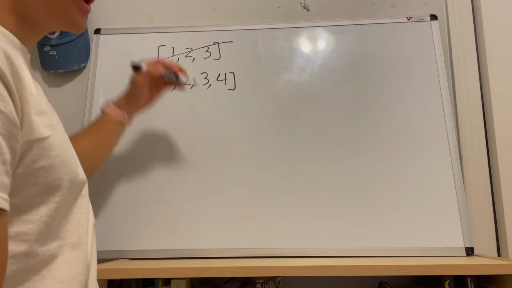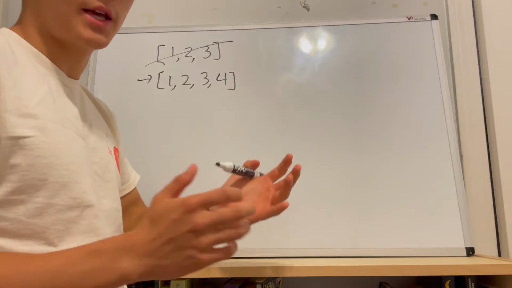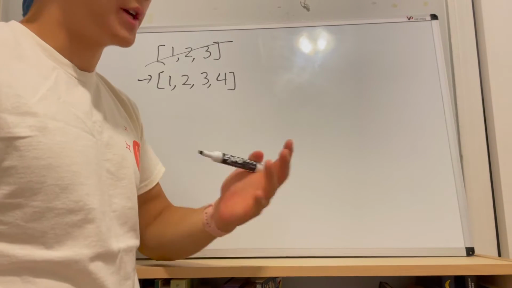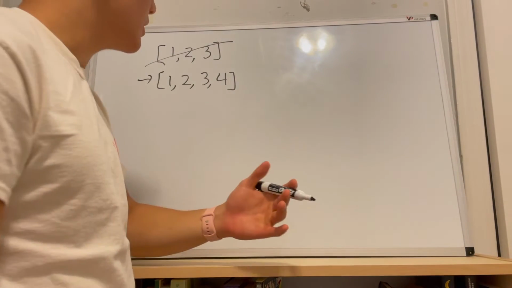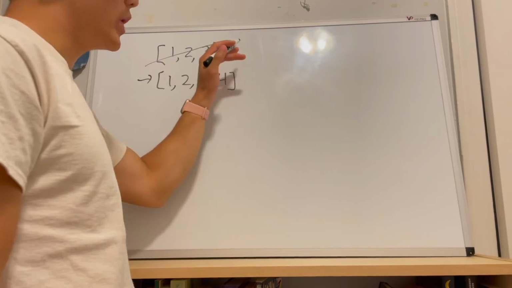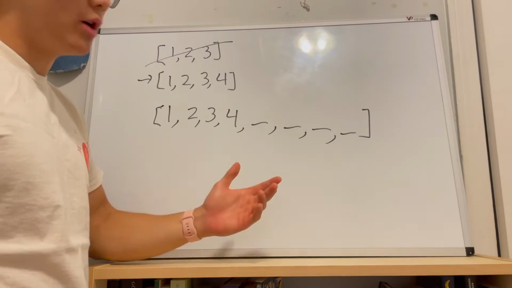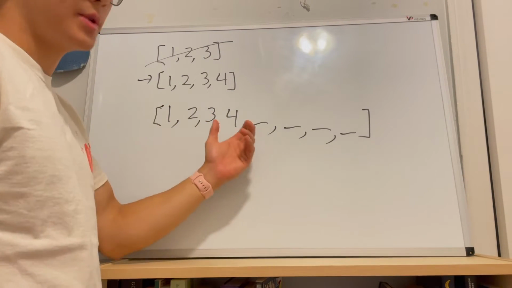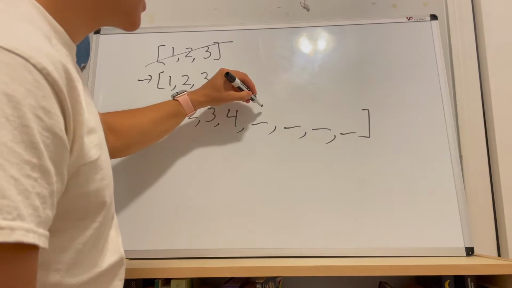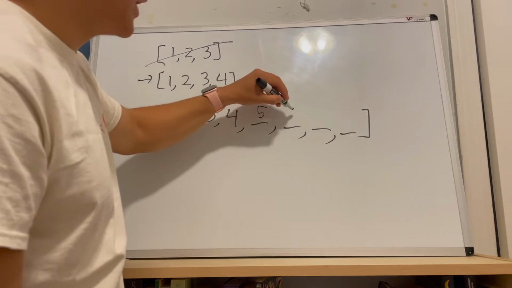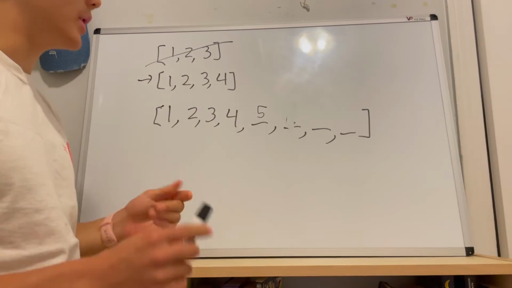Like, basically delete this array and make a new array, because arrays have a fixed length, at least static arrays do. So dynamic arrays try to go around this problem by saying, okay, instead of using just one fixed array, we'll say, this is now our array. Now when I say insert something at the end, we have some extra space at the end of the array to add like another element and another element. And then if we want to delete, we just get rid of this element, and so on.